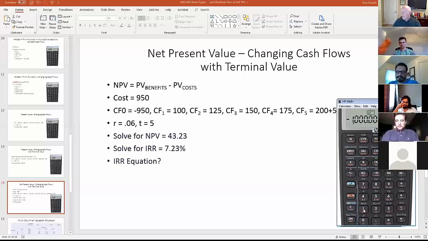Then in year 1, it gives us 500 as a positive cash flow, and in year 2, it gives us 700 as a positive. And let's say that we've got a 5% return. So we're going to look at this and we're going to see the net present value is $111.